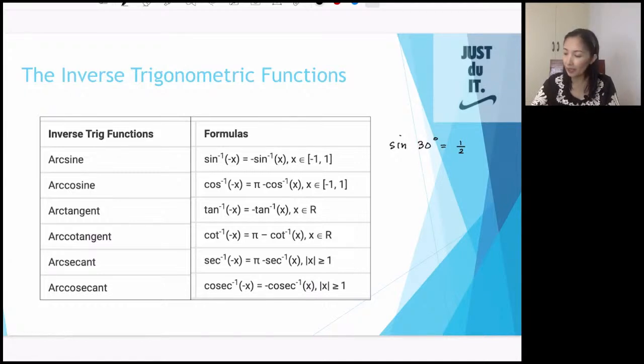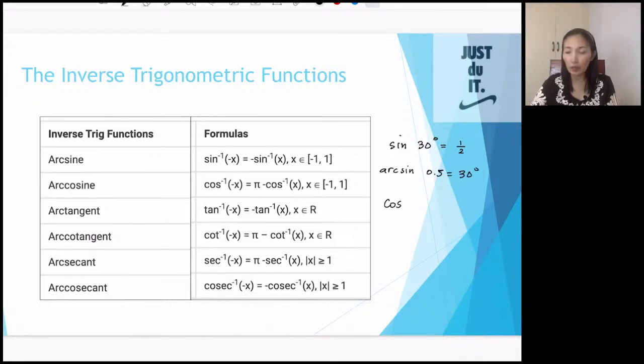When we say arcsine of 0.5, we mean: what is that angle whose sine value is 0.5? It's 30 degrees. So arcsine of 0.5 is equal to 30 degrees. That's the meaning of the arcsine function.